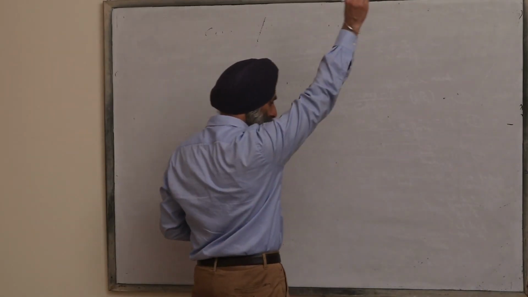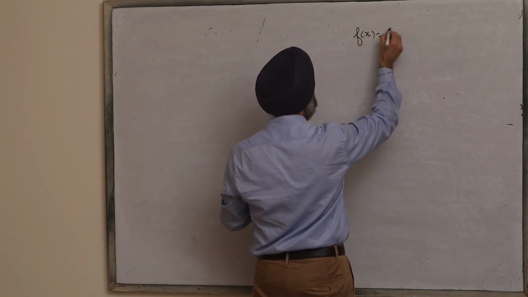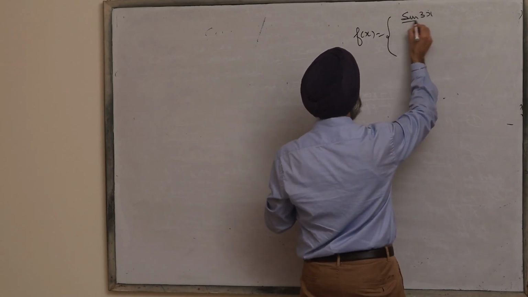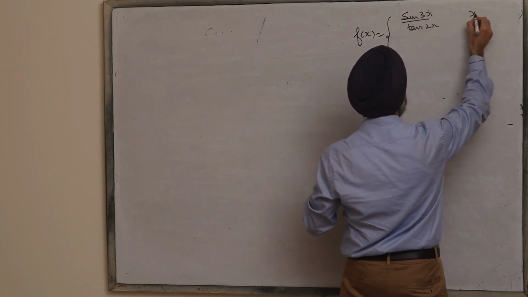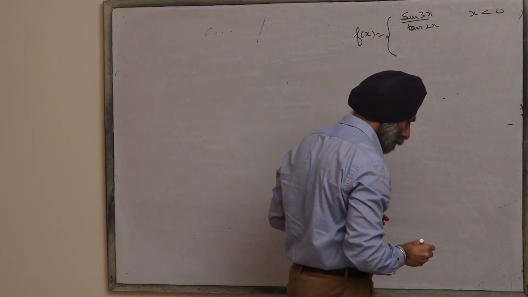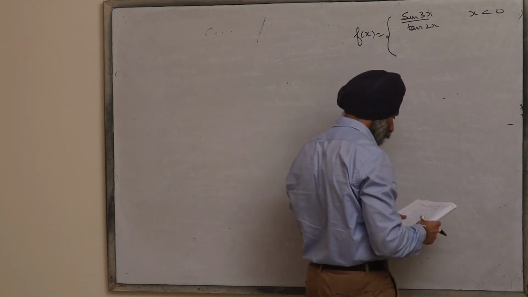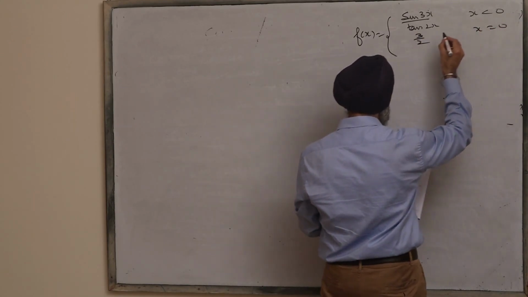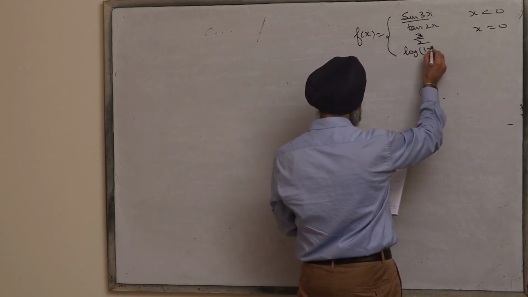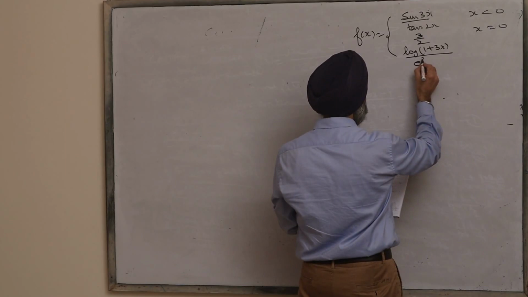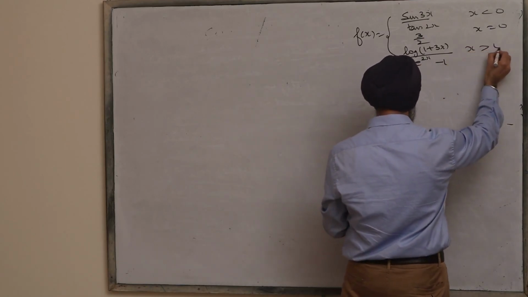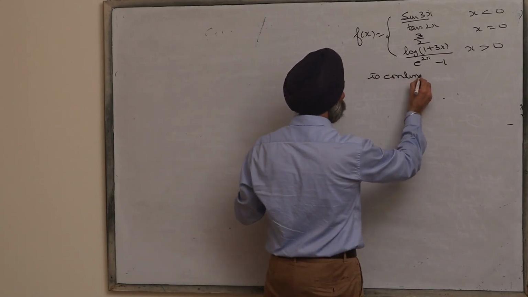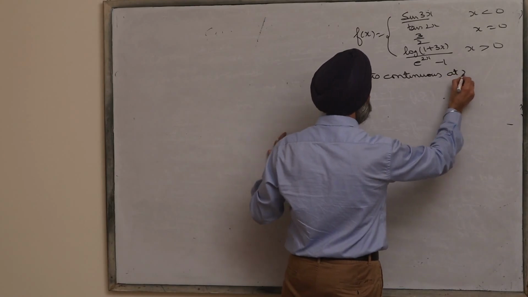Now next, show that f(x) is equal to sin 3x upon tan 2x for x less than 0, and this is 3 by 2 for x is equal to 0, and log of (1 plus 3x) upon e raised to power 2x minus 1 for x is greater than 0, is continuous at x is equal to 0.